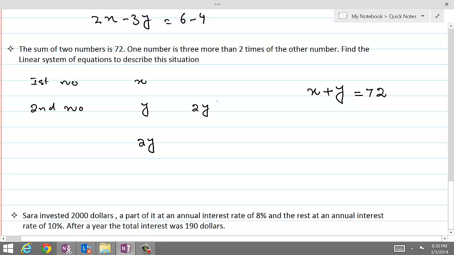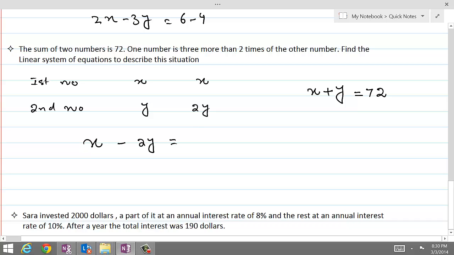And the first number is still x. So what is it saying? The first number is 3 more. 3 more than means that the difference between x and 2 times of the second number is 3. So therefore we have the equation, the difference here is x minus 2y, given that this is equal to 3.